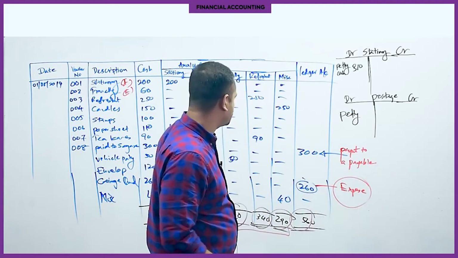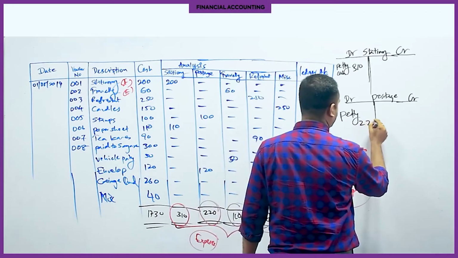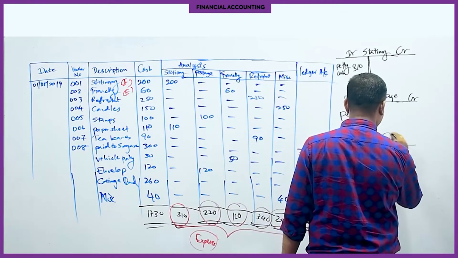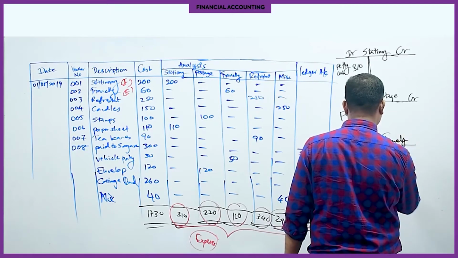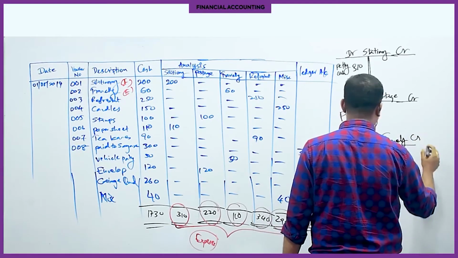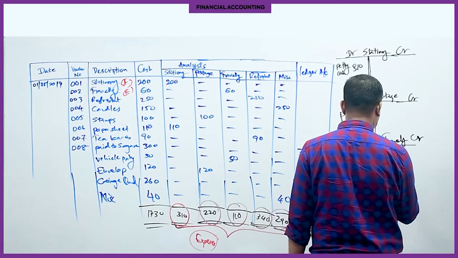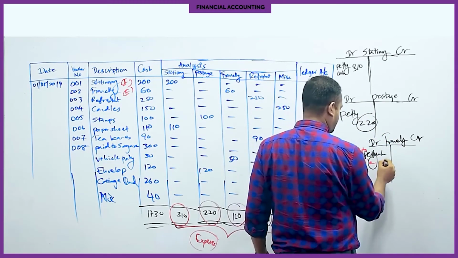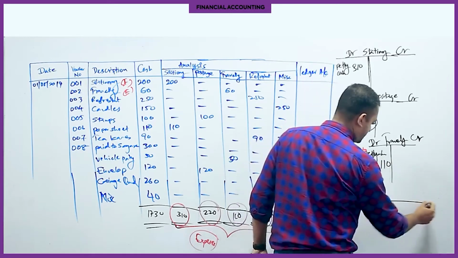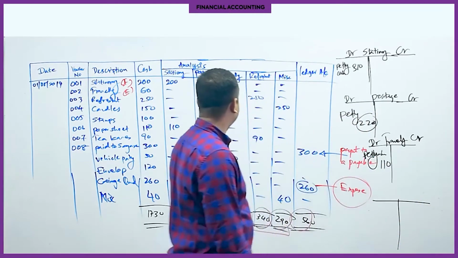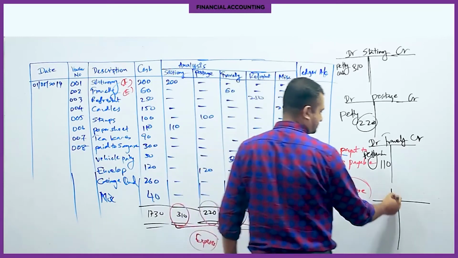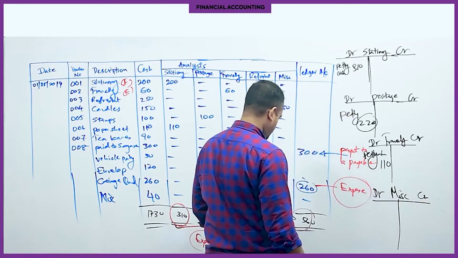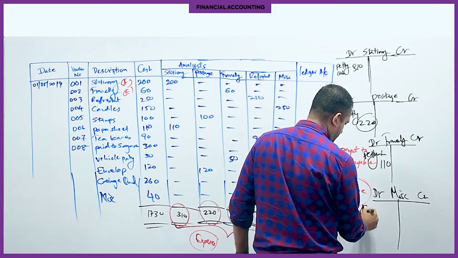It is an expense, 220 should go to postage, and travelling, debit and credit, the charge would be 110, and the miscellaneous expenses would be 290 petty cash.